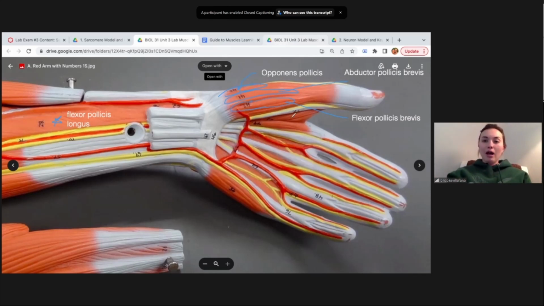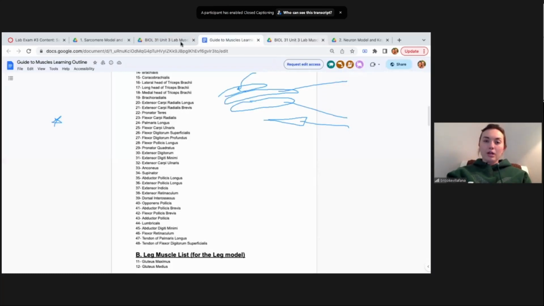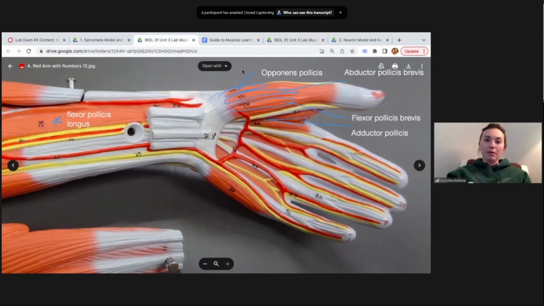And then we have our adductor pollicis. Remember, to adduct is to bring something together. So this adducts the thumb towards midline, called the adductor pollicis. And then we have our abductor digiti minimi, number 45. Digiti minimi is your pinky or your pinky toe.